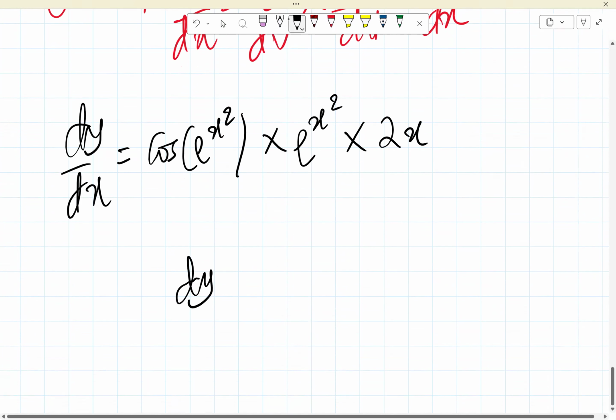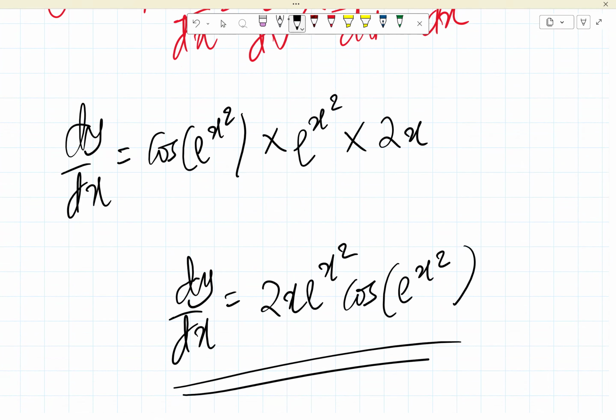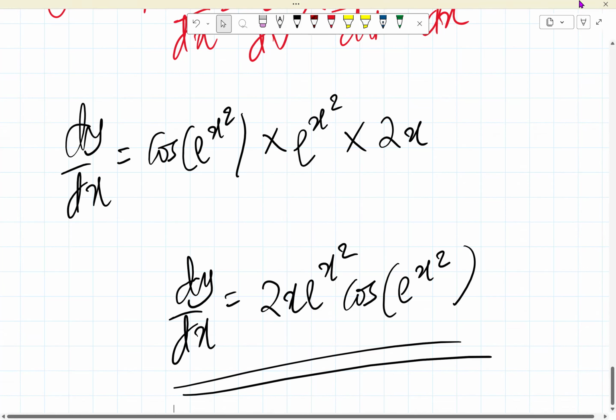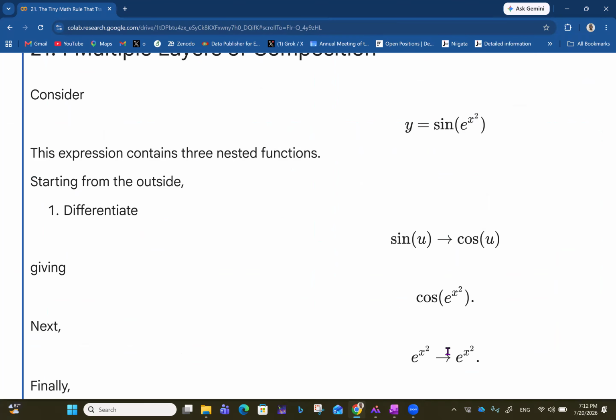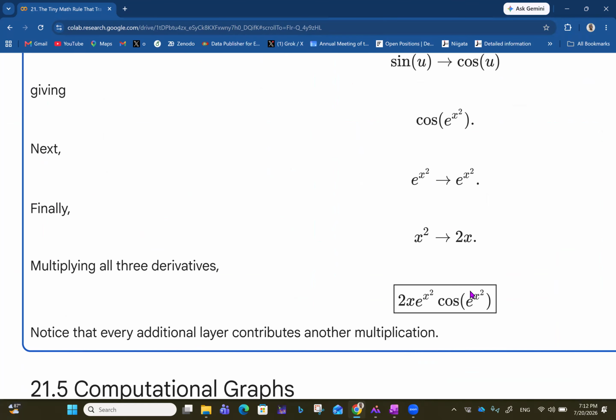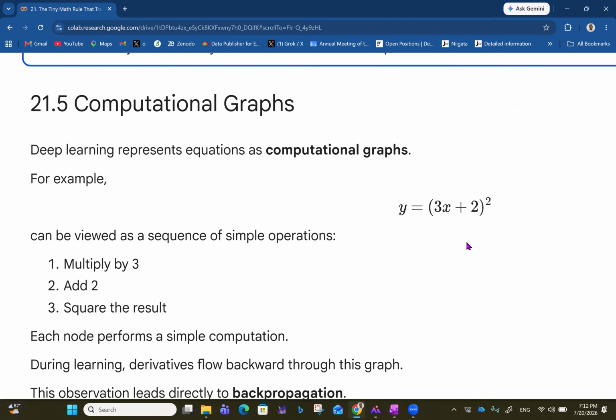So that means dy dx is equal to 2x e raised power x squared cos e raised power x squared. And that is exactly what we get. So you can have multiple layers like that. Notice that every additional layer contributes another multiplication, like we just saw.